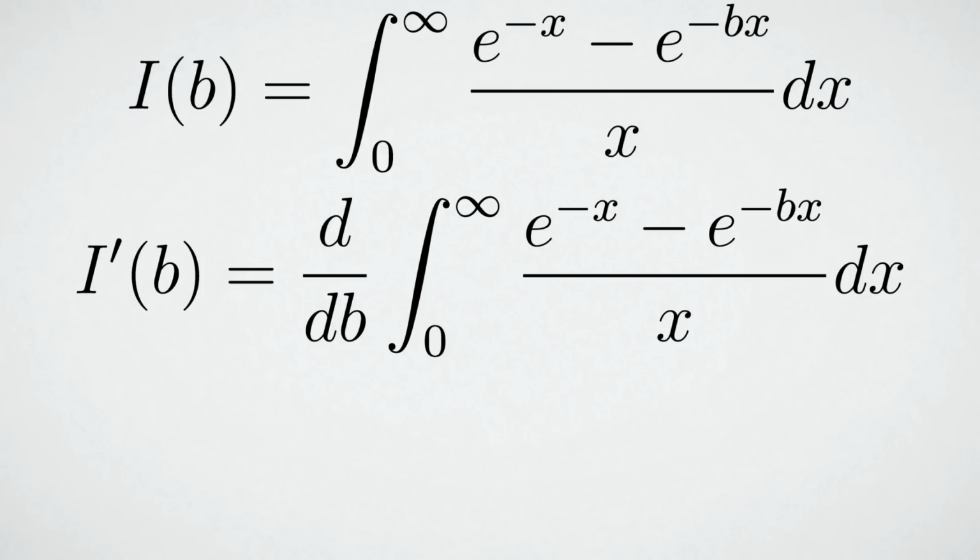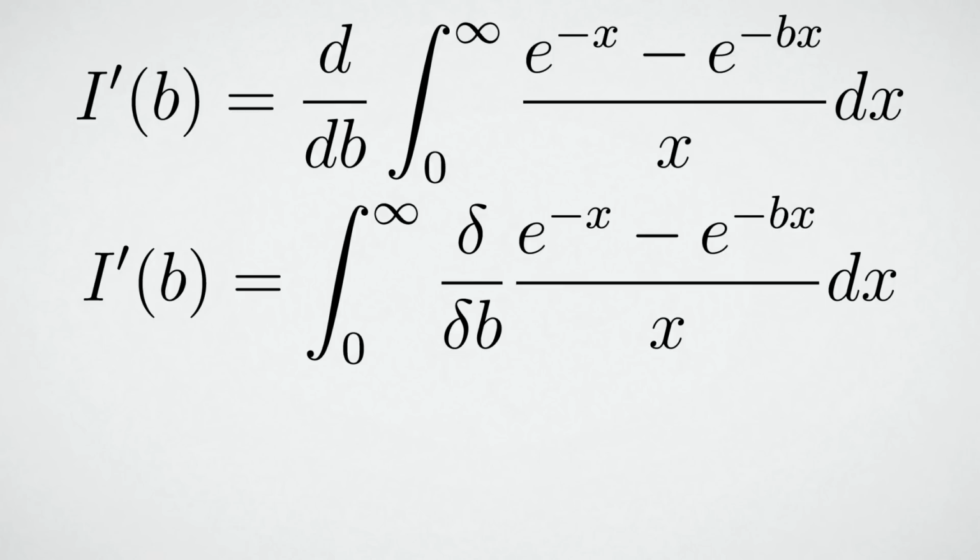Now, we find the partial derivative with respect to b of what's under the integral by treating x as if it were constant. Just like before, a large chunk of the thing just drops out. Because we're pretending x is constant, e to the negative x over x is also constant. So, when we take the derivative, we get 0, since the derivative of a constant is 0.